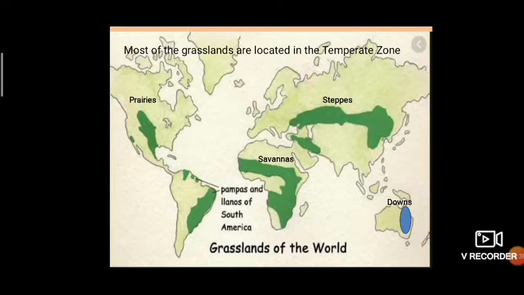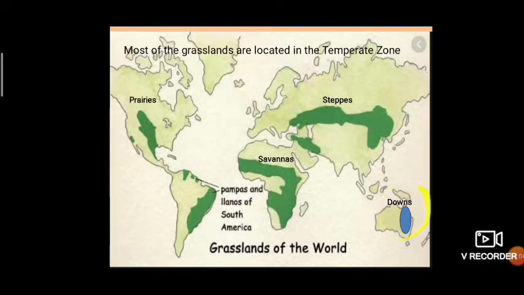For example, the grassland in North America is known as prairies. The grassland in South America is known as pampas. In Africa, the grassland is known as savannas. In Russia or Asia, the grassland is known as steppes.